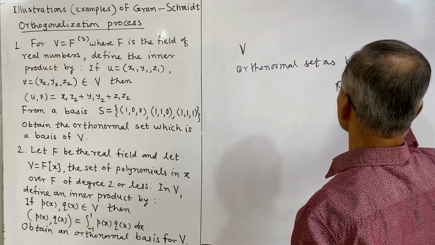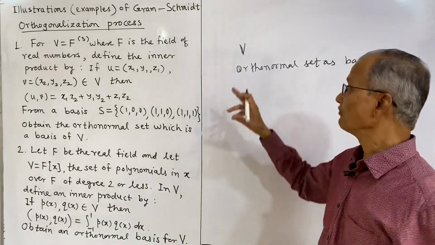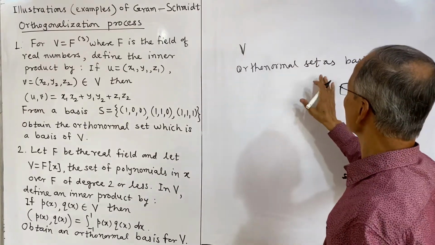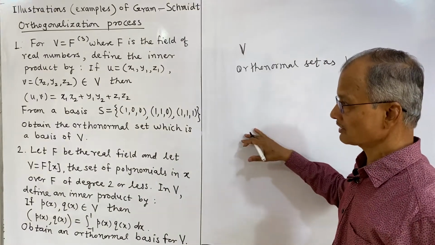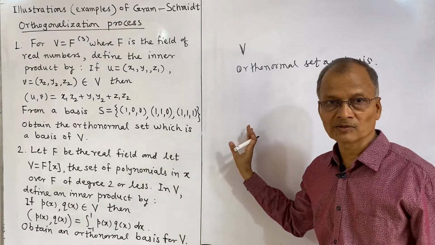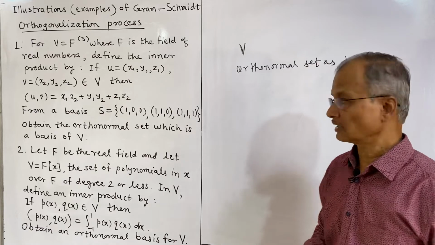That means, given any basis of V, we can construct an orthonormal set which is again a basis of V, and that means we orthogonalize the vectors. Actually, the vectors will be orthonormal, each having length 1, and they are mutually orthogonal to each other.